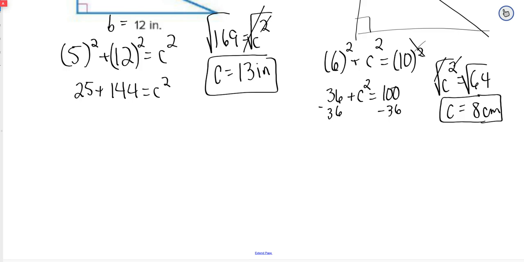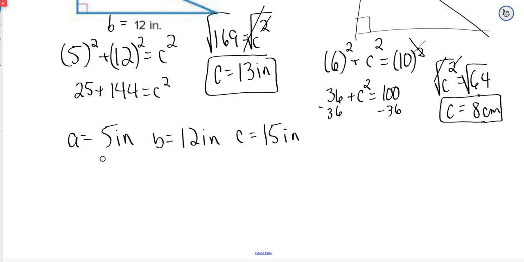So one more thing you could run into is if you're given something like this. So A is 5 inches, B is 12 inches, and C is 15 inches. Okay, and it says with these three things, prove that this is or is not a right triangle.